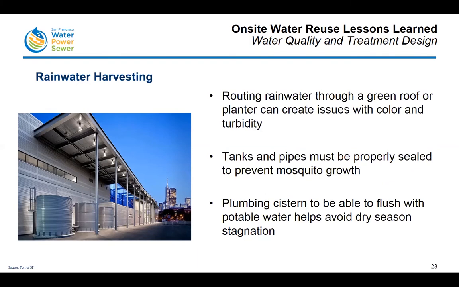Another is that tanks and pipes have to be properly sealed to prevent mosquito growth. And lastly, plumb your rainwater capture cistern to be able to flush with potable water, which helps avoid dry season stagnation and keeps the tank from going stagnant.